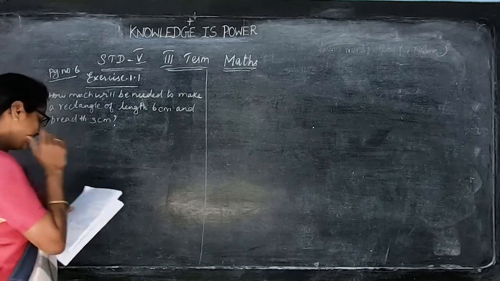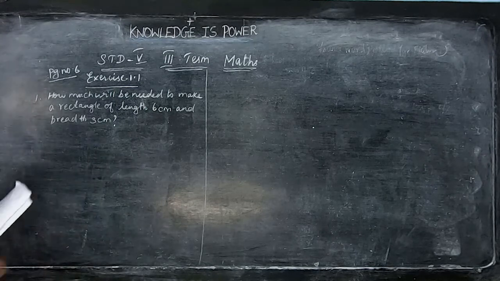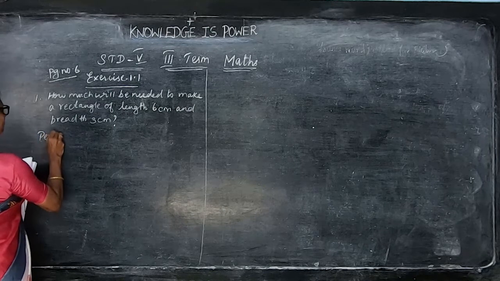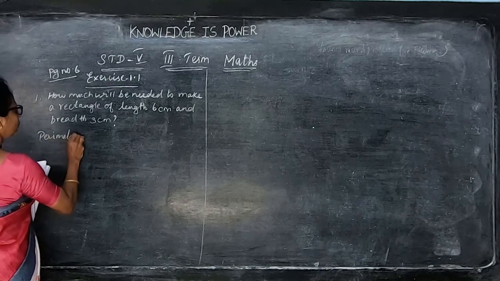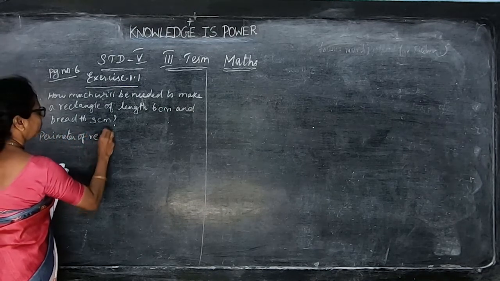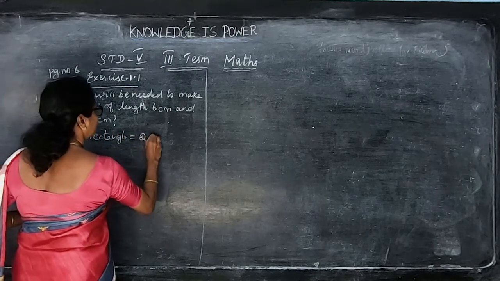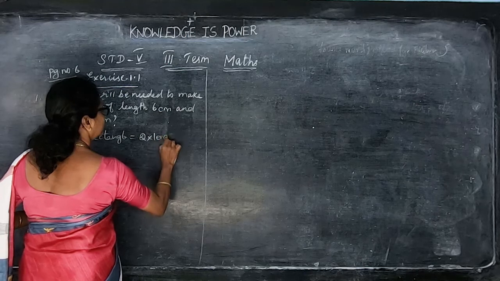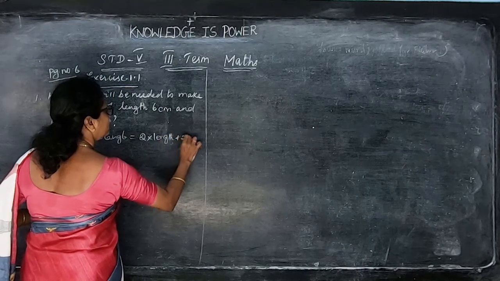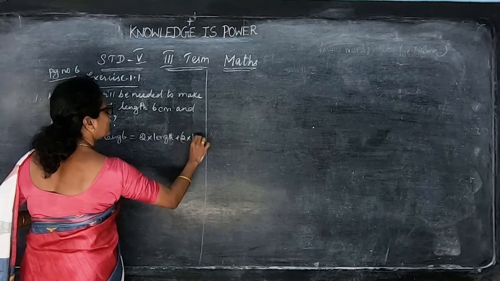So you can write perimeter of a rectangle. Formula is 2 into length plus 2 into breadth.